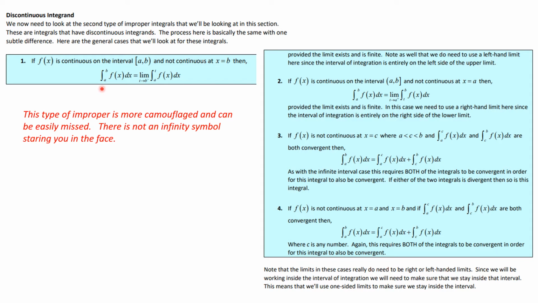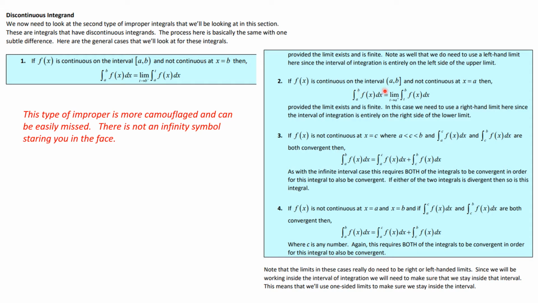Then the integral from a to b of f(x) dx is the limit as t tends to b from the left of the integral from a to t of f(x) dx. So this is a limit from the left for the right endpoint, provided the limit exists and is finite.